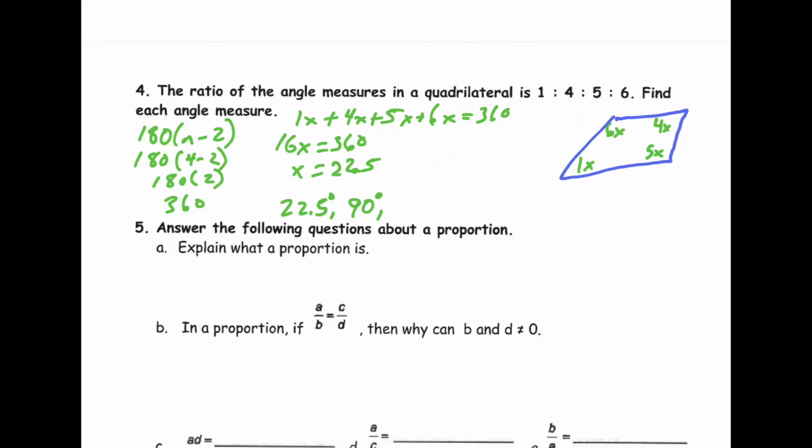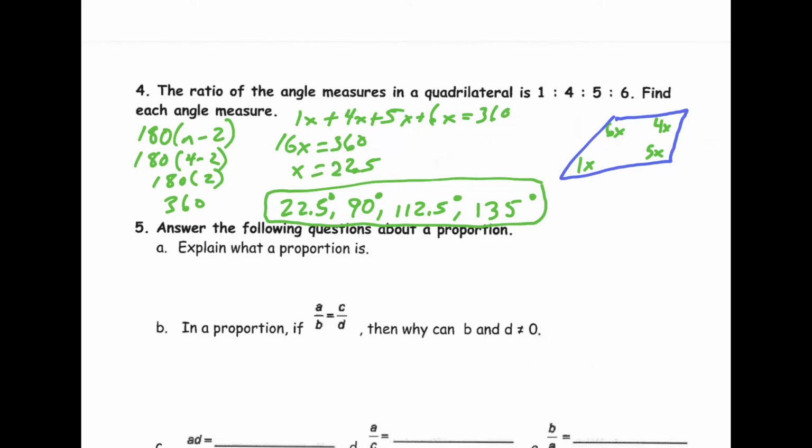And then if I take the 22.5 and multiply by 5, we get 112.5. And last but not least, when I take that 22.5 and multiply it by 6, we get 135 degrees. So those are my 4 angle measurements of the quadrilateral. And I can add those up, and when I do get 360 as a check.